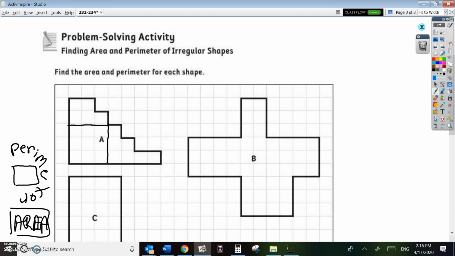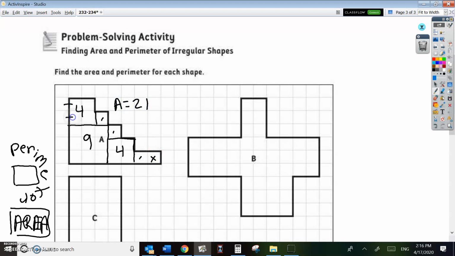So let's cut this. Let's find the area first. We know that's 9. And that's 4, and that's 4. So let's add 9 plus 4 plus 4. 4 plus 4 is 8. 8 plus 9 is 17, 18, 19, 20, 21. Area is 21.